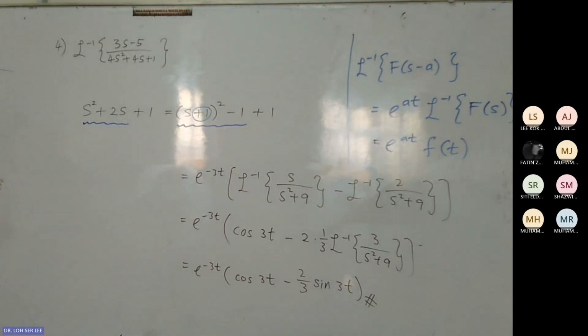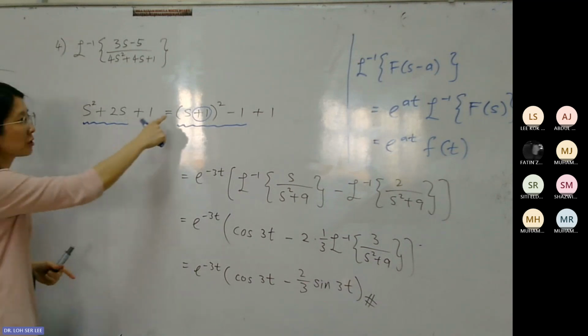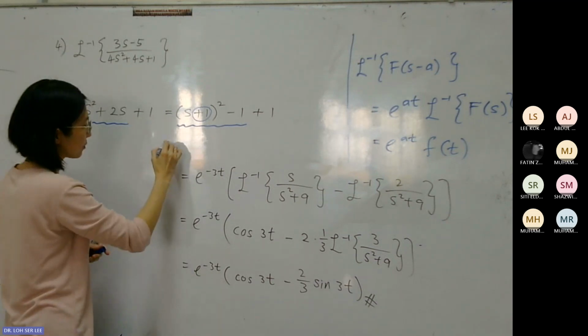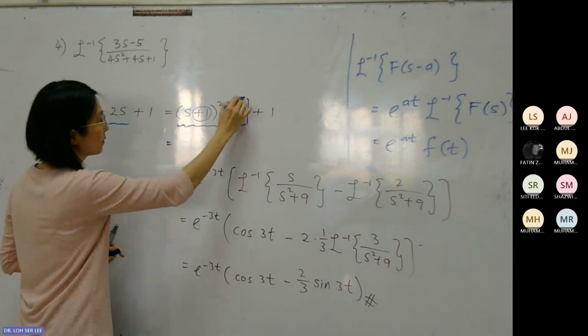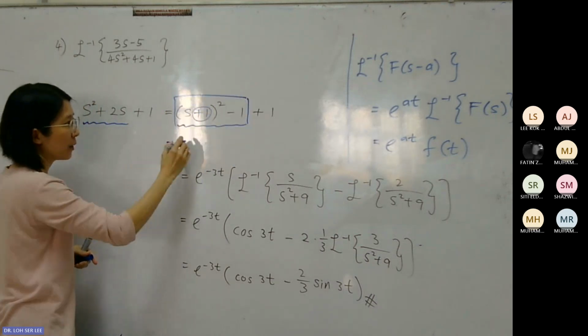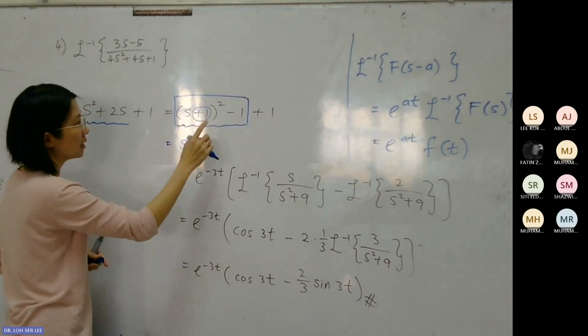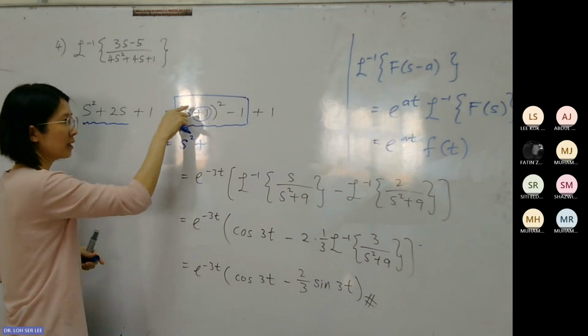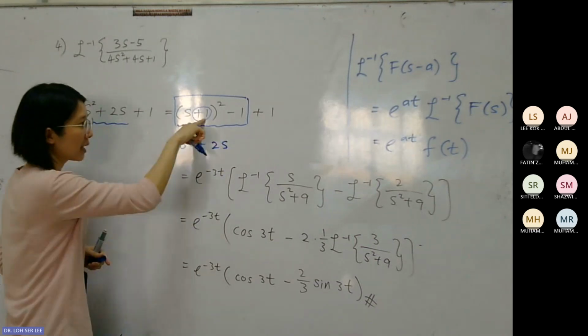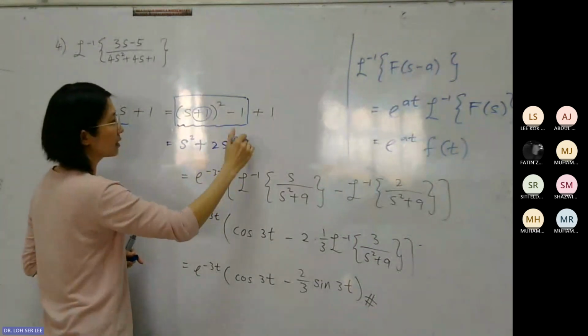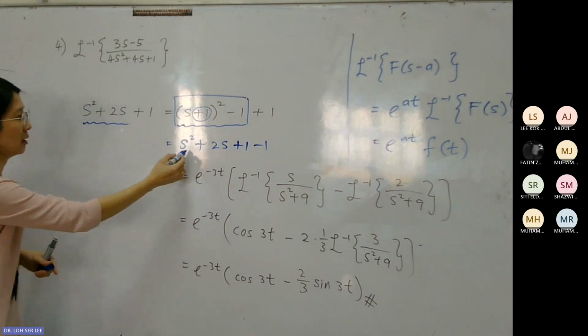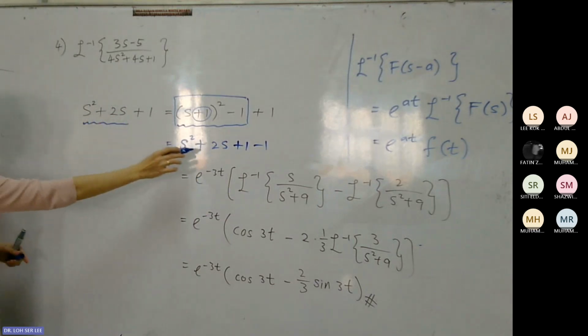Because when you try to expand this part, s squared plus 2 times 1 times s, you have 2s, and then plus 1, then minus 1. So you see, this is actually the same as this.